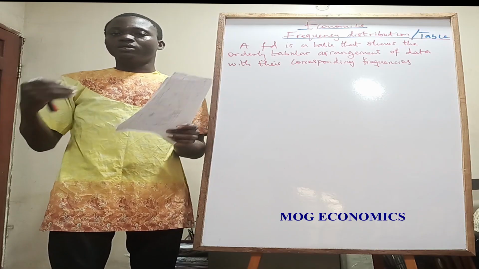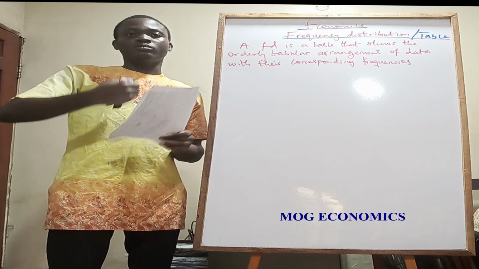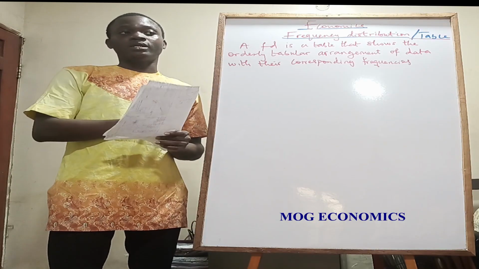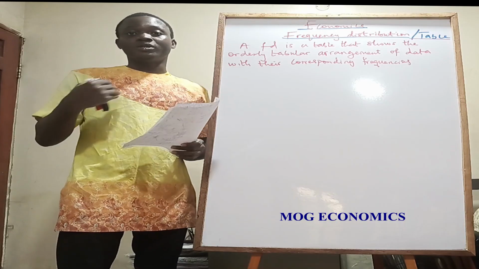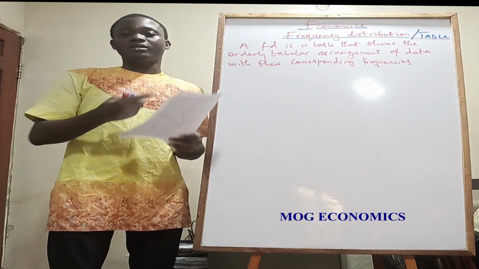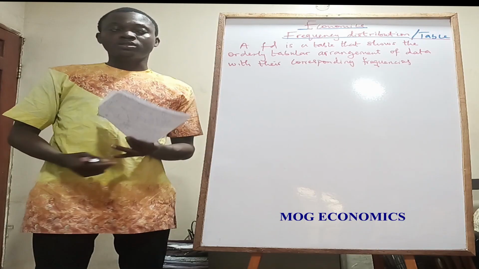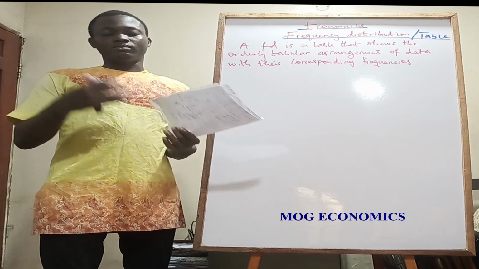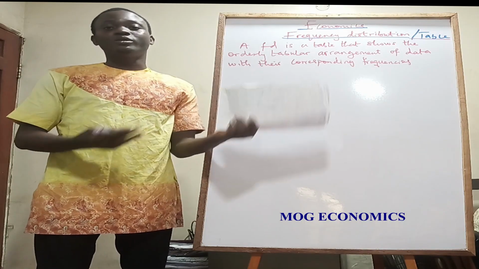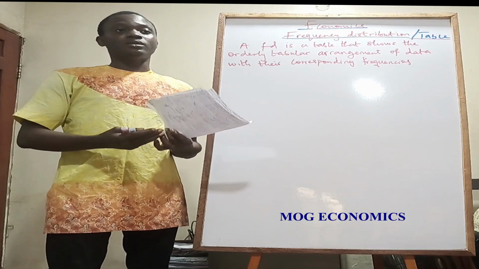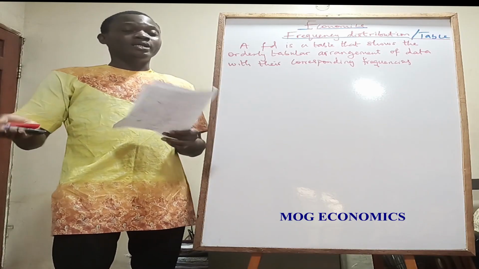When you make reference from the sample to the population data set, what you're doing is inferential statistics. These are things you're going to be learning in due course. It's not hard, but I must warn you that there are a lot of formulas in statistics, but that's fine.